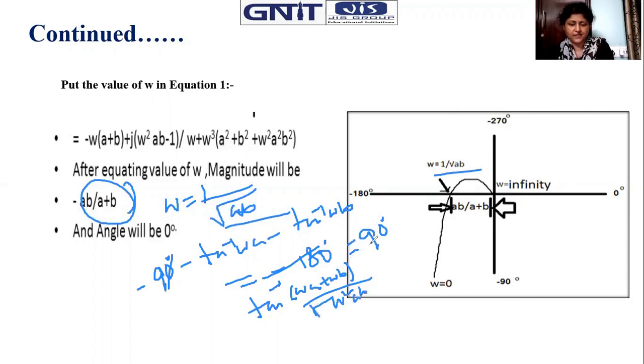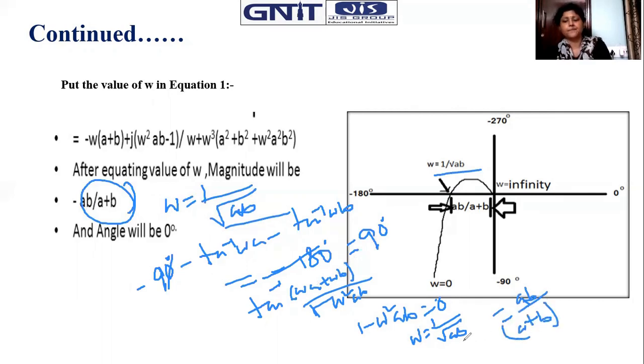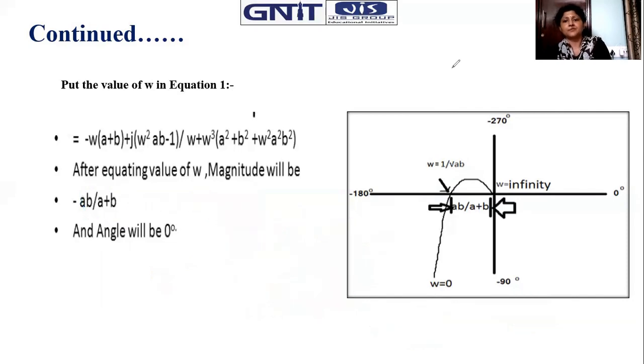Now if it is becoming 90 degree, that part will be infinite, so the denominator will be equal to 0. So what will we get? Omega equals 1 by root under AB. That is the same omega coming. Then putting the magnitude at that particular frequency, you will get the magnitude AB divided by A plus B. Very simple. Okay, so in this way you can proceed.